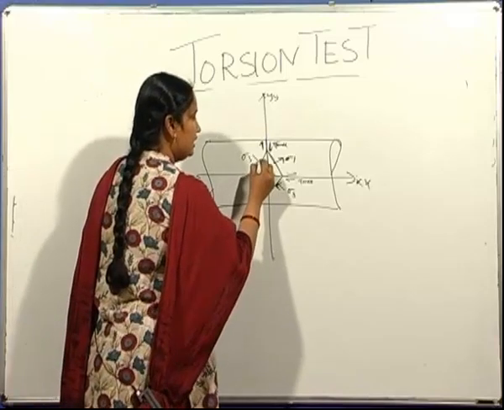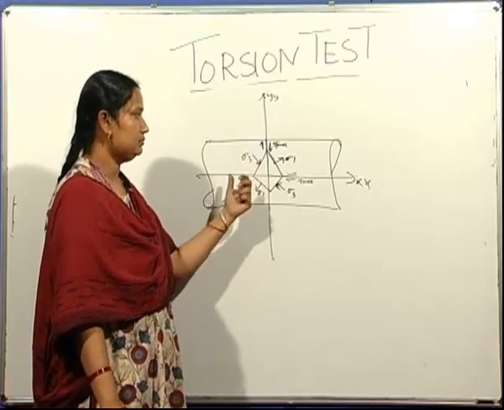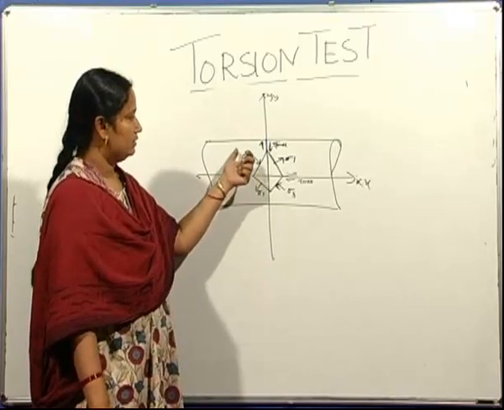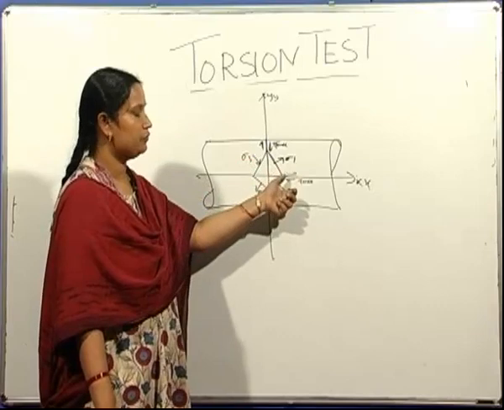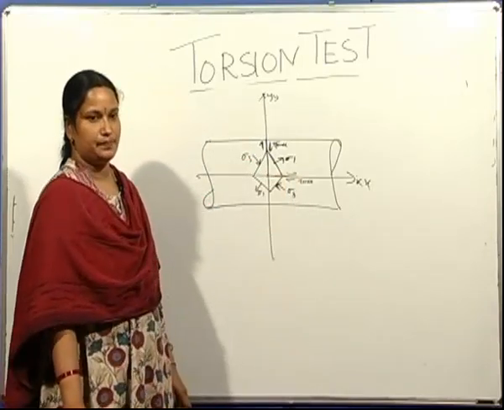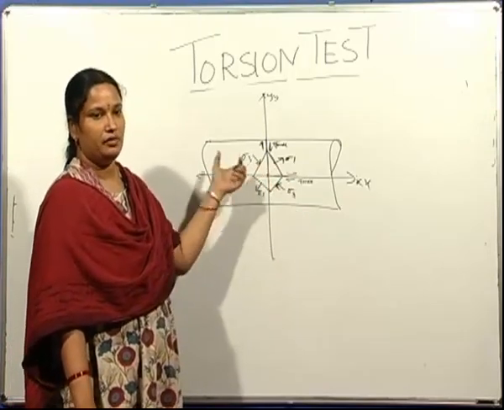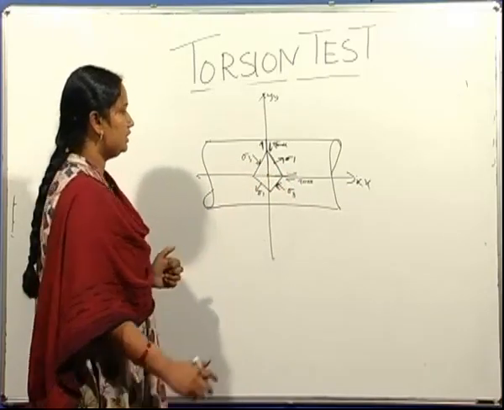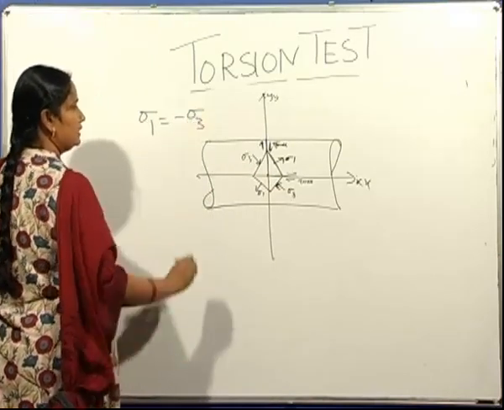And sigma 3, which is equal in magnitude but of opposite sign, that is compression, is another normal stress which acts in a direction perpendicular to the plane which is at 45 degrees to the longitudinal and transverse axis. So this is the state of stress at a point in the component which is subjected to torsion. So the state of stress for the case of torsion is sigma 1 is equal to minus sigma 3.